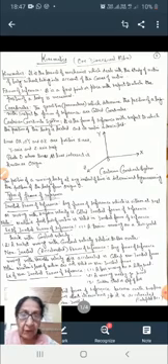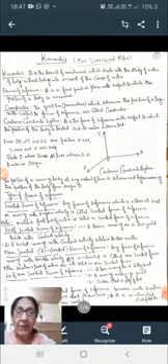Now next is the non-inertial frame of reference, which is also known as accelerated frame of reference. So any frame of reference moving with variable velocity, or you can say is accelerated, that frame is known as non-inertial frame of reference. If you are considering that bus is moving with constant speed on a hilly road, no doubt speed is constant, but even then on a hilly road there will be change in direction.